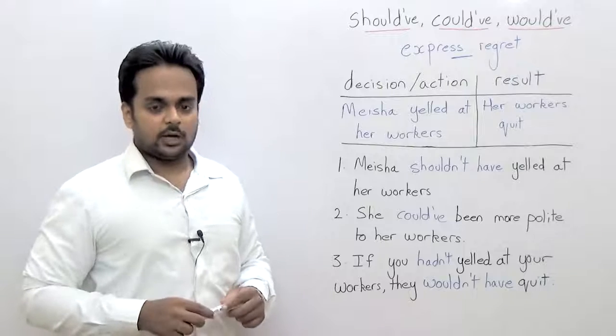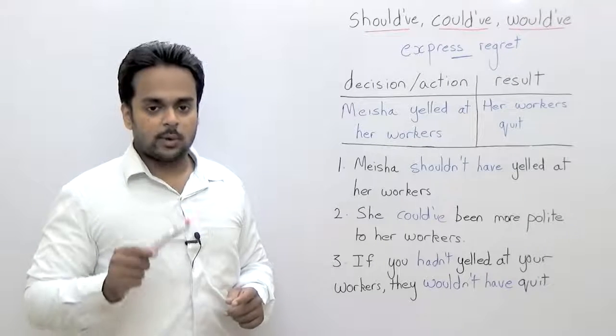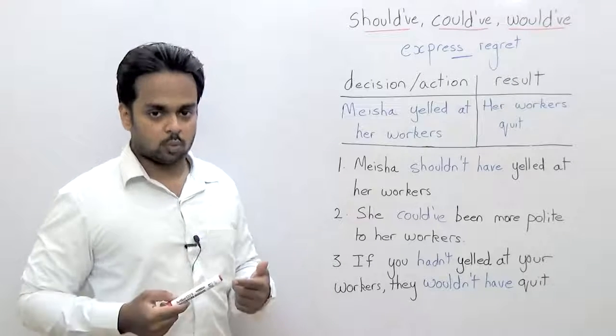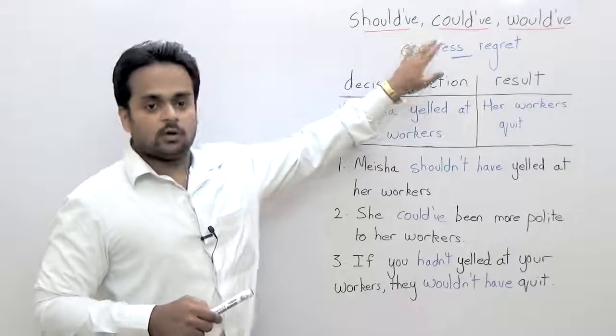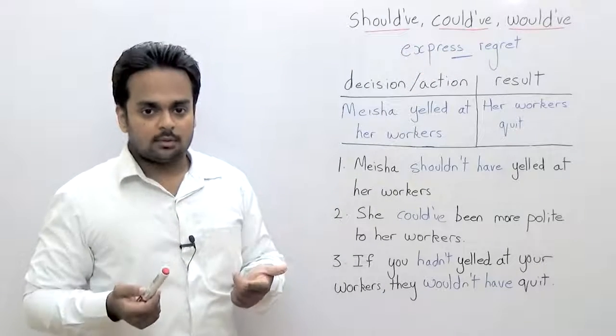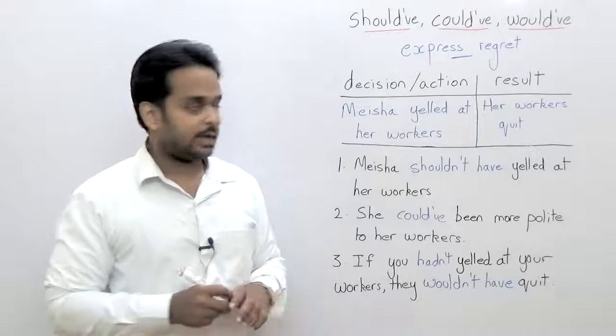Now, before we finish, I want to end with a quick note on how to pronounce these words. Now, with all of these, should have, could have, and would have, when we speak, we don't say have, okay?